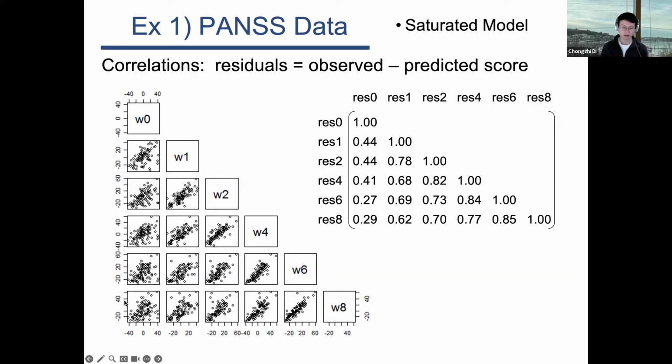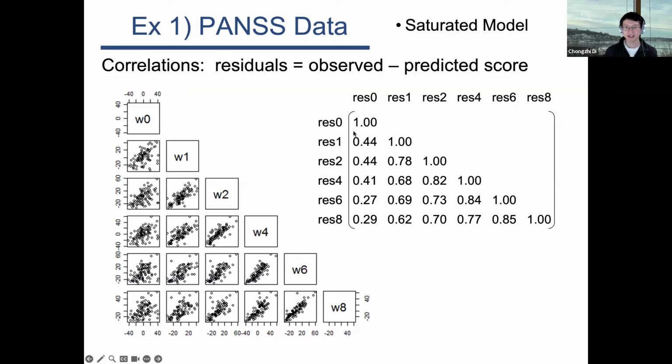And then you can also calculate the covariance matrix between those residuals. I'm showing the matrix here. Again, the diagonals are ones because it's the correlation with itself, right? The off diagonal, if you look here, is the correlation between baseline and week 1. This is week 1, week 2, week 2 and week 4, etc. You see that generally along this line, the correlations are higher.